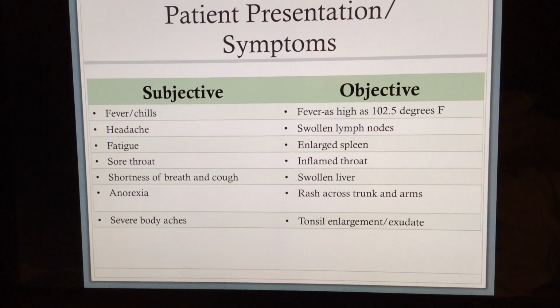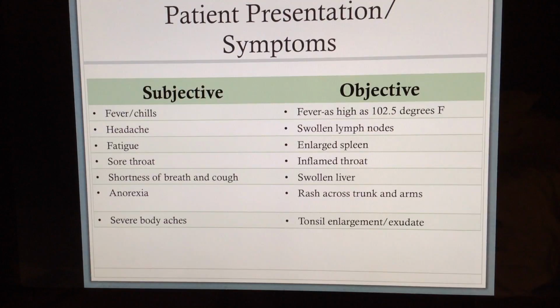It's thought that 60% of individuals with Epstein-Barr virus or infectious mononucleosis have an enlarged spleen, or splenomegaly, and the concern is that it may rupture. It's pretty rare, only 2 in 1,000, but there is a concern about that.